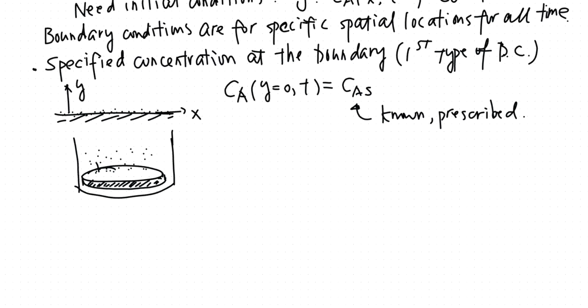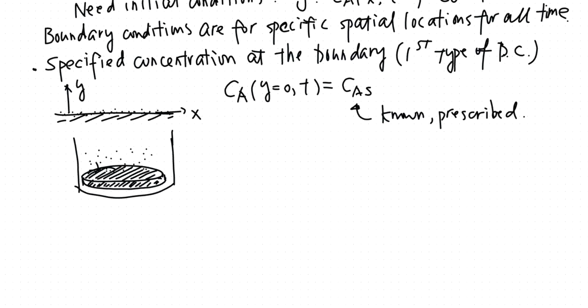Because of the maximum solubility of solute in water, let it be a candy, the sugar has a maximum solubility in water, and we would assume that on the surface between the candy and the water, the concentration is a constant. This is given by the maximum solubility of sugar in water. So this will be the concentration of sugar in water on the surface of the candy. This is another example where you may have a specified concentration at the boundary.